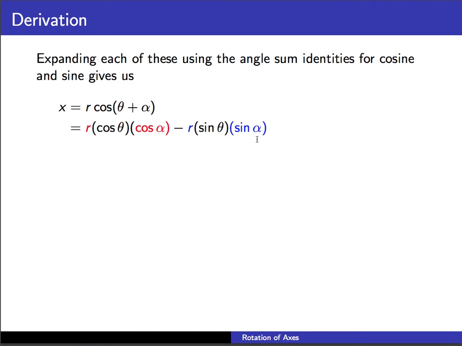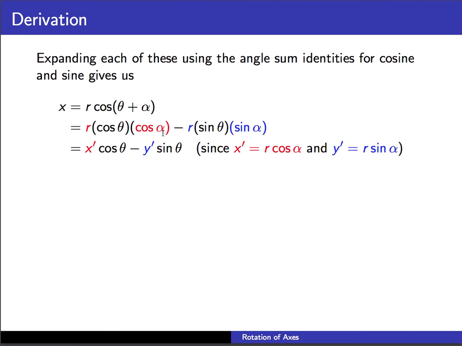Notice I've color-coded r cosine alpha in red and r sine alpha in blue, because r cosine alpha in red is x prime, and r sine alpha in blue is y prime. So x prime is r cosine alpha, y prime is r sine alpha. So our x coordinate is x prime cosine theta minus y prime sine theta.